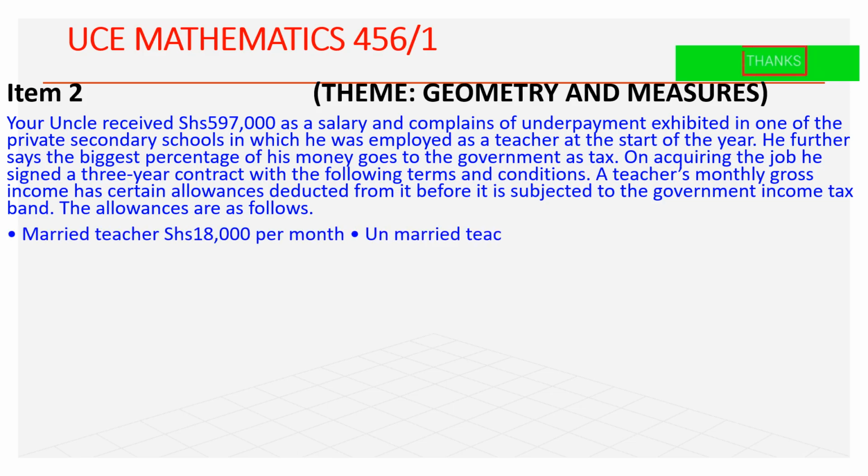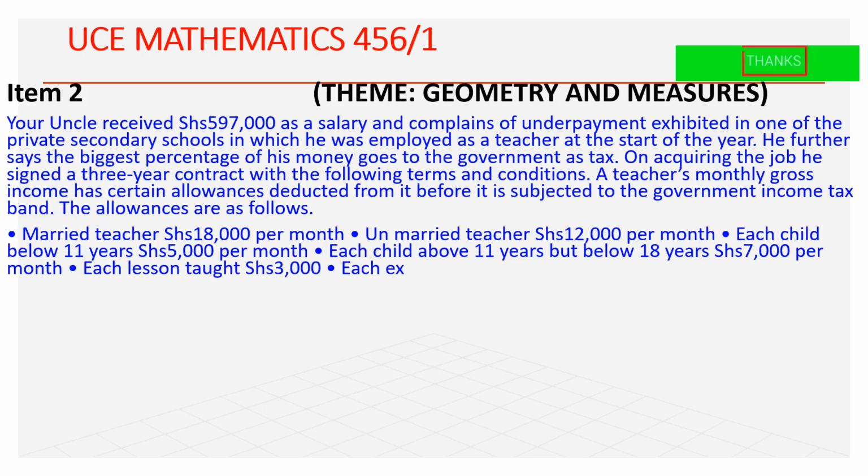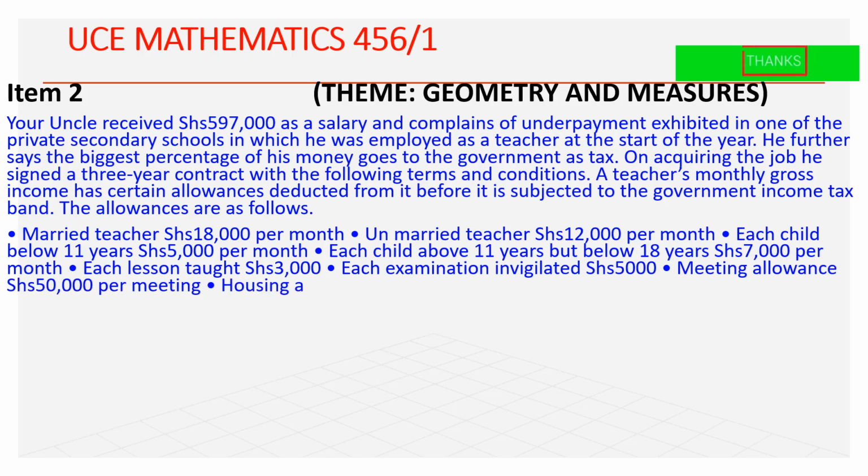A married teacher is to earn 18,000 per month. Unmarried, 12,000 per month. Each child below 11 years, 5k per month. Each child above 11 years but below 18 years, 7,000 per month. Be careful with these allowances and the conditions attached to them. You're seeing per month. Sometimes they may trick you and tell you per week, per day, per hour, depending, and you need to know for how long.